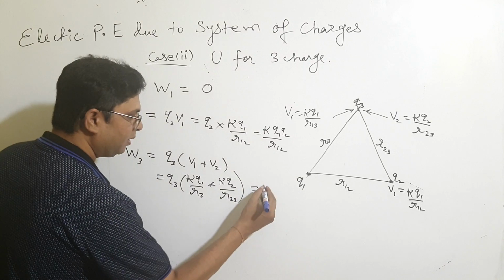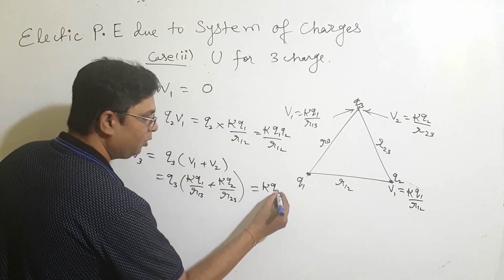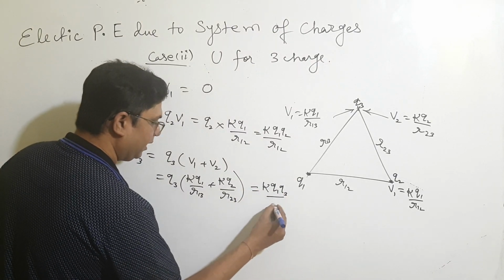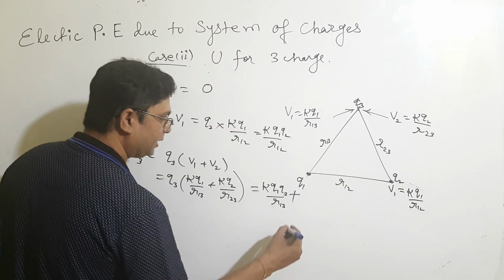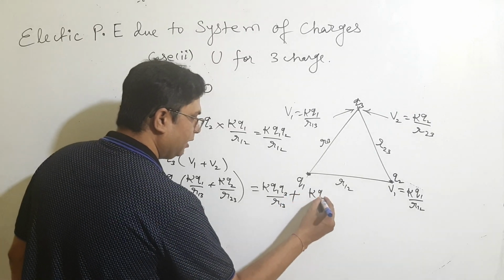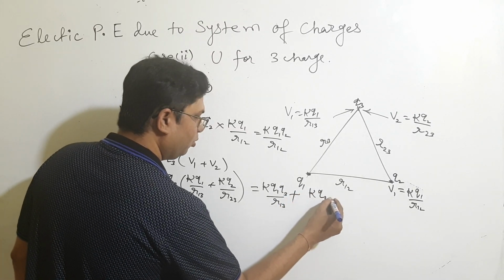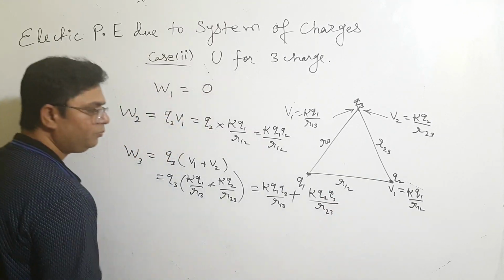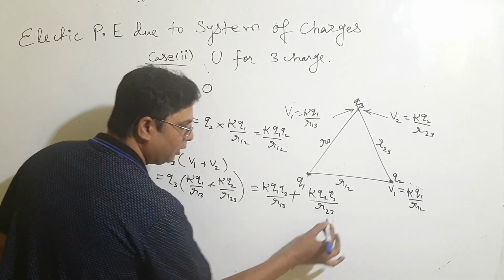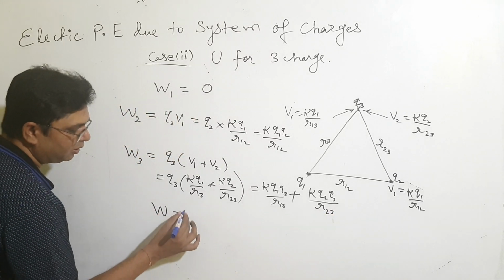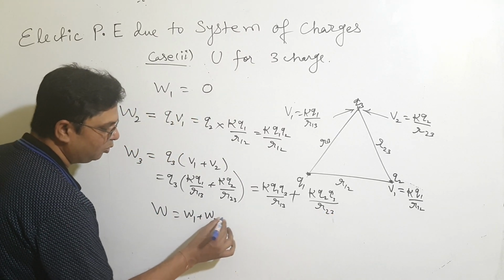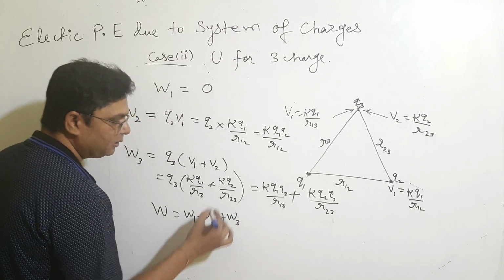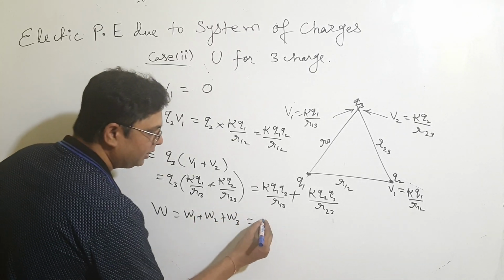So this becomes K Q1 Q3 divided by R13 plus K Q2 Q3 divided by R23. The total work W is equal to W1 plus W2 plus W3. Substitute the values. W1 is 0.